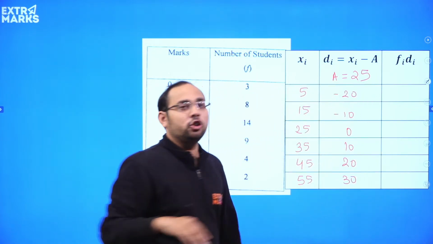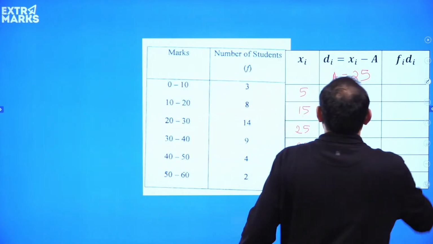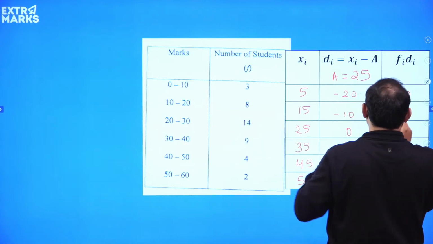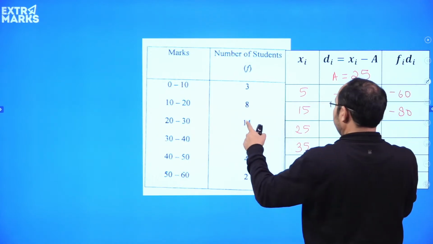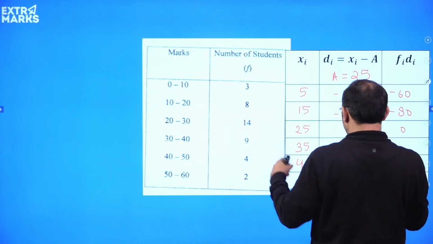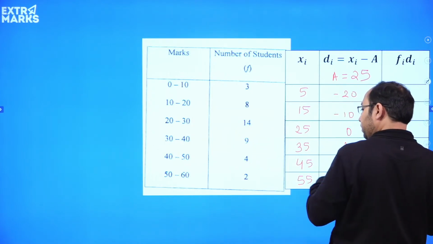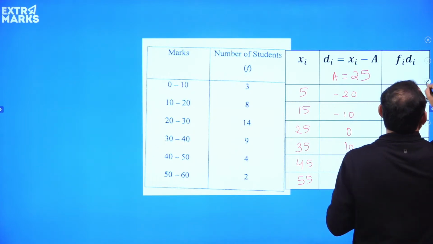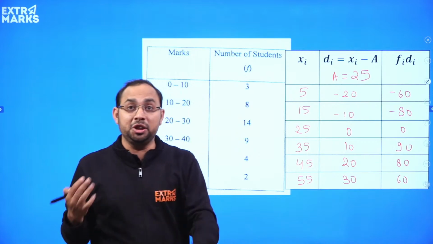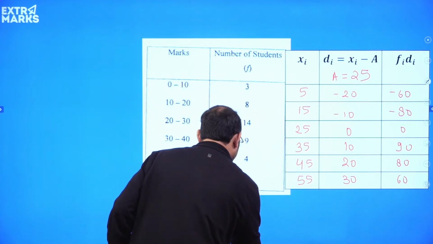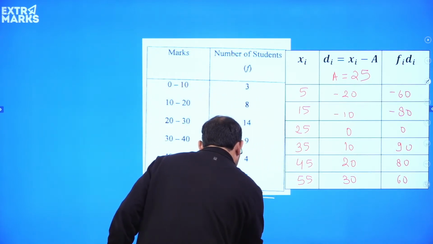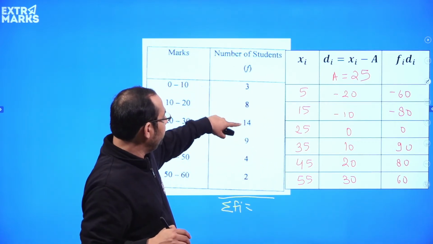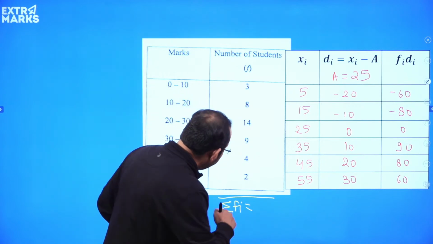Di is sorted. Now let's write fi di. So fi di: minus 60, minus 80, 0, 90, 80 and 60. First thing we will do is summation fi di and summation fi. So what should be summation fi? 8 plus 3, 11, 25, 25 and 15.